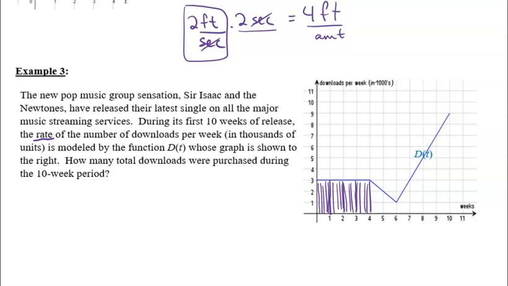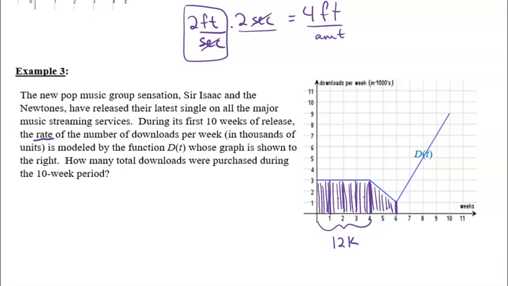So we have 3,000, 3,000, 3,000, 3,000. So far, over this time, we have a total of 12,000 downloads, okay? And then the rate of download slowed. The single was still being downloaded, but not as quickly, okay? It had a decreasing rate, and so we are accumulating this space, but not quite as much as before.